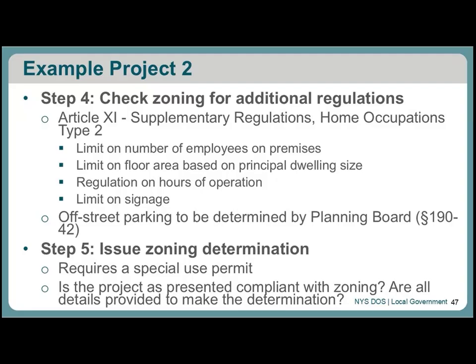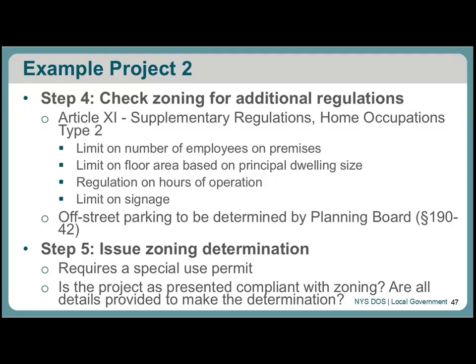Then they had a limit of 1 employee for type 1 home occupations, 3 employees for type 2, no customers for type 1 home occupations, but customers are allowed for type 2.